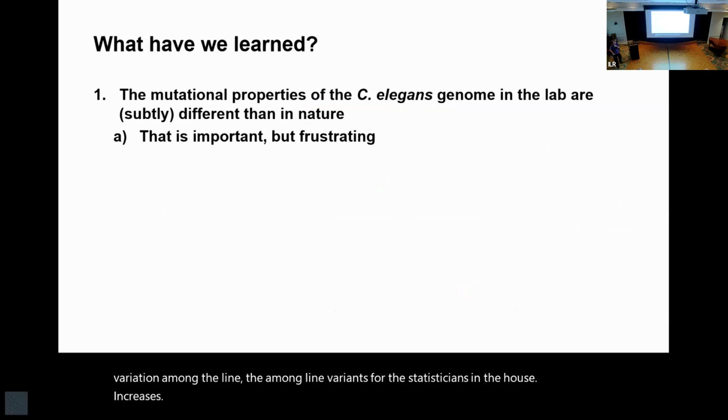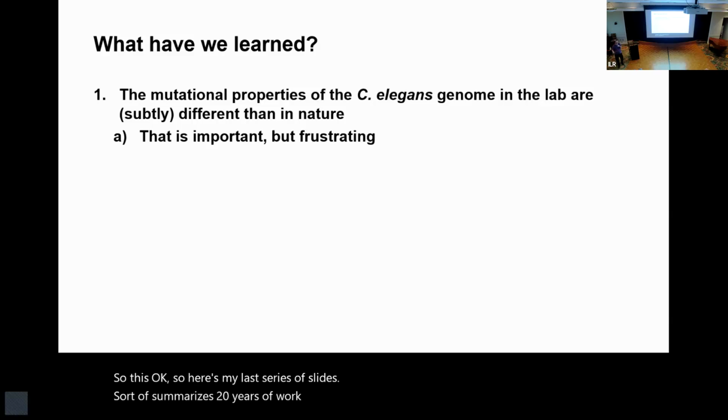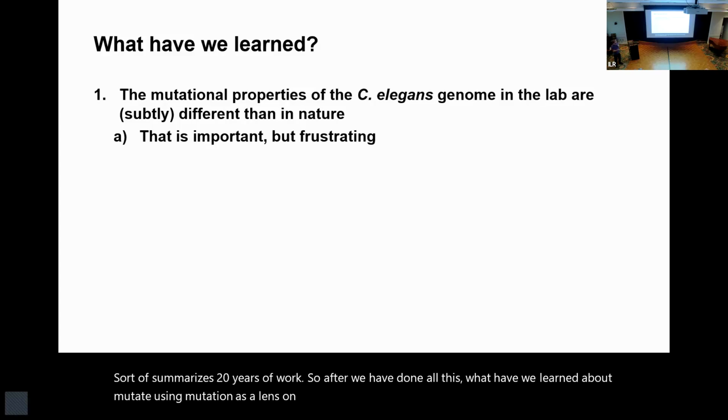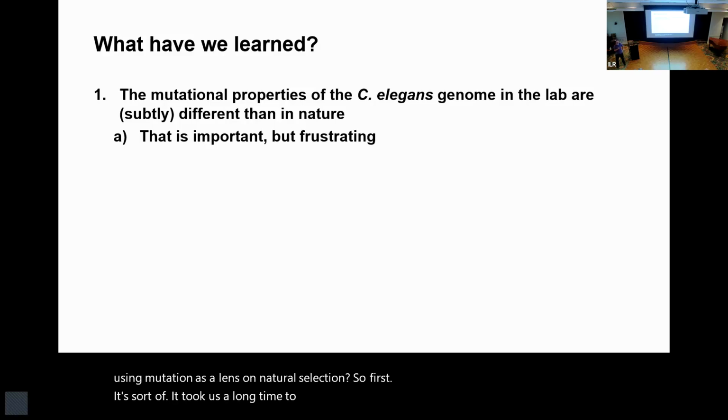So here's my last series of slides. This sort of summarizes 20 years of work. After we have done all this, what have we learned about using mutation as a lens on natural selection? First, it took us a long time to figure this out because we had to sequence a lot of worm genomes.